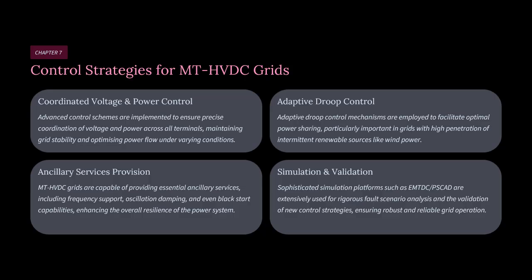This is also capable of services including overall reliability of power systems. Simulation and validation are also extensively used for analysis and validation of new control strategies, ensuring robustness and reliability of grid operations.